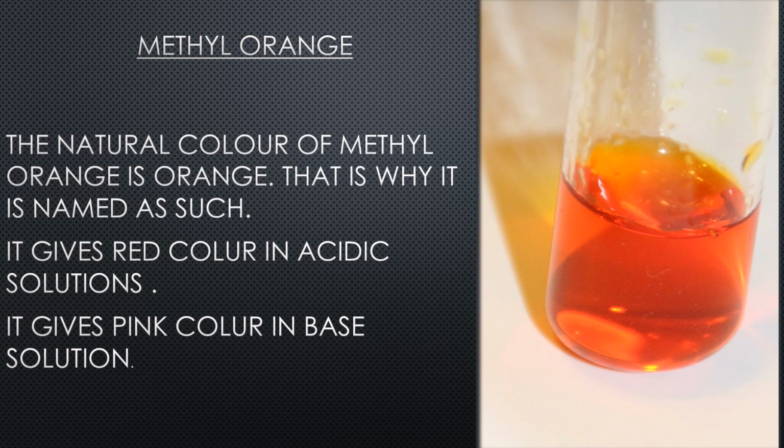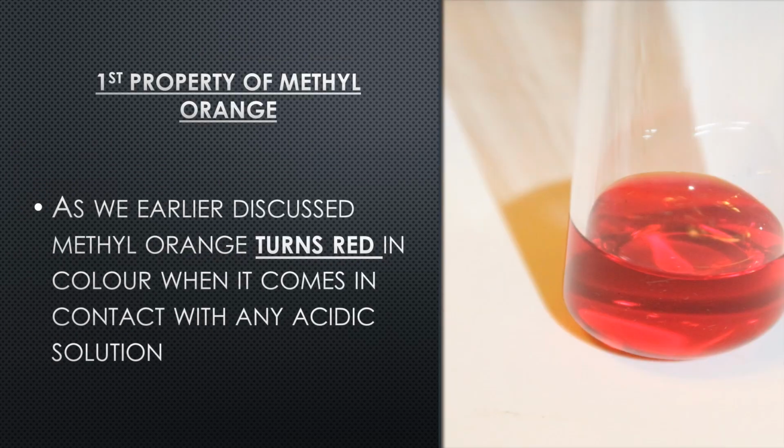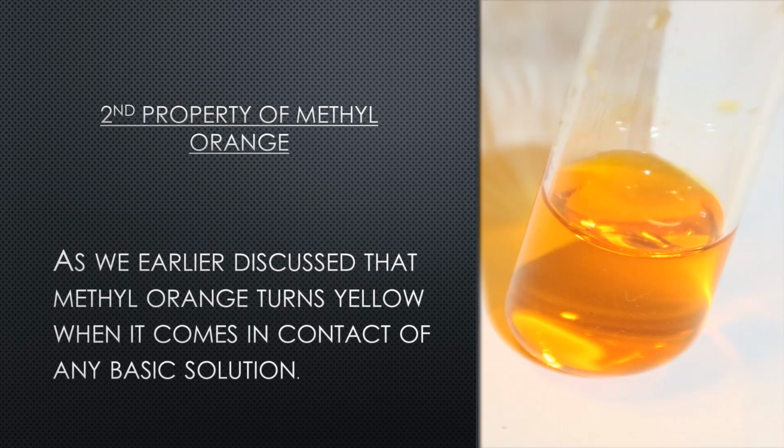As we earlier discussed, methyl orange turns red in color when it comes in contact with any acidic solution. And methyl orange turns yellow when it comes in contact with any basic solution.